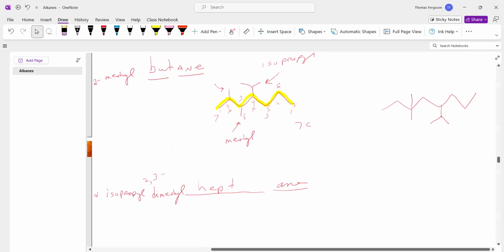Okay, so let's start on this one here. Again, the way I drew it, it's kind of obvious where the main backbone is. And that has 1, 2, 3, 4, 5, 6, 7, 8 carbons.